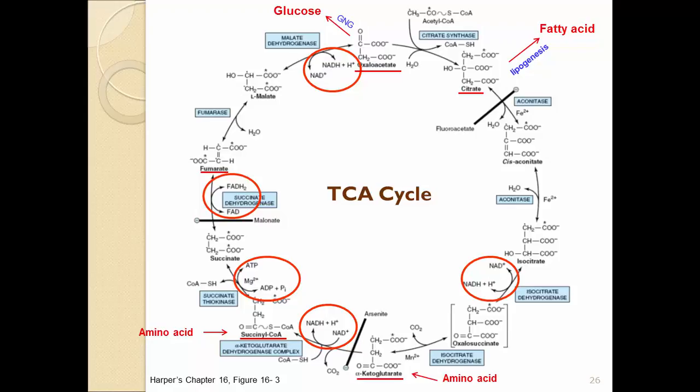One cycle you generate 12, and because you have 2 acetyl-CoA generated from glucose entering the TCA cycle, so 24. And 24 plus the 6 to 8 from glycolysis, right? And then one more place that also produces NADH: remember the pyruvate converted to acetyl-CoA also generates one NADH, right?